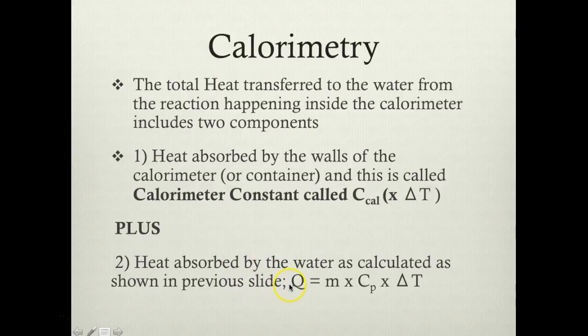As explained in the previous slide, heat absorbed by the water is the mass of the water inside the calorimeter, the specific heat of water, which is 4.18 joules per gram degree centigrade, and then the change in temperature of the water before and after reaction.